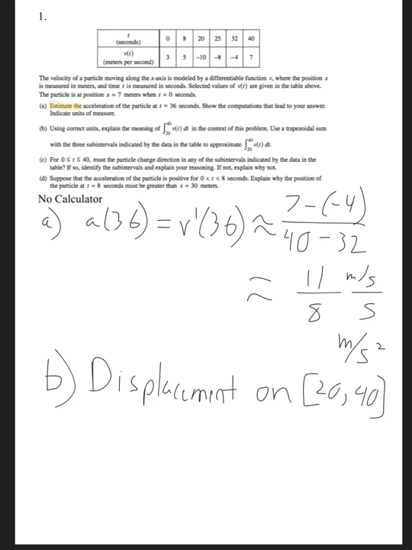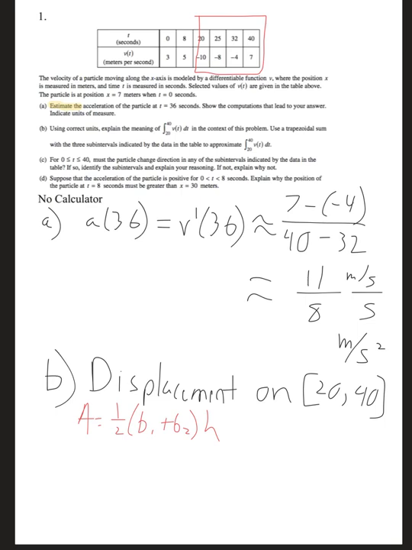Trapezoidal sum with 3 subintervals to approximate that. So here's the chunk we're looking at from 20 to 40. So if I think about my trapezoid, the area of one trapezoid is 1/2 b1 plus b2 times the height.